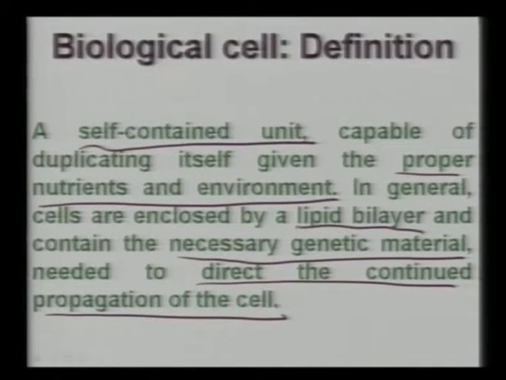The cell will differentiate, then the cell will go to death or cell necrosis and so on. That entire cell cycle is also governed by how this genetic material performs. So there are two things here: the cell membrane contains a lipid bilayer, and the cell is a self-contained unit capable of duplicating itself because it contains the necessary genetic material.